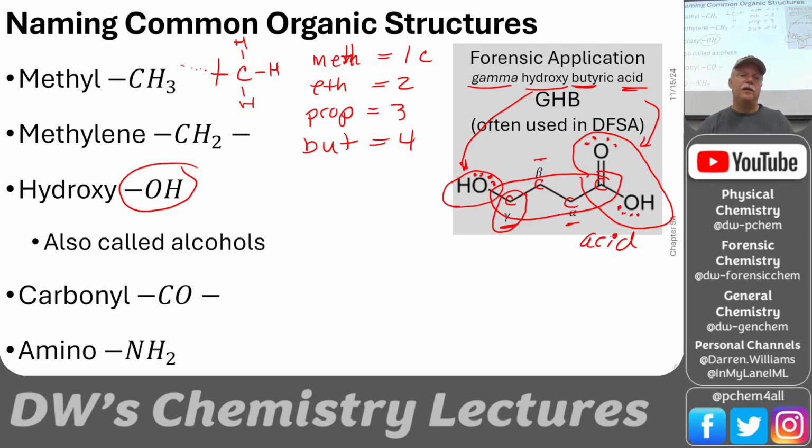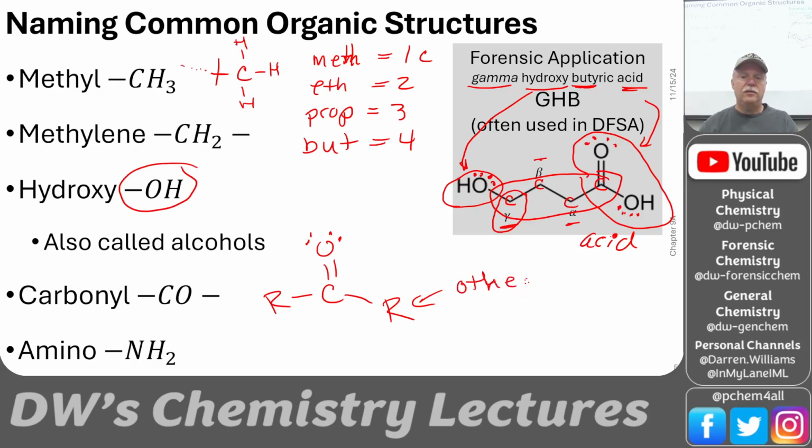A carbonyl. Okay, so let's look at a carbonyl before we run out of time. This is a carbon double bonded to an oxygen and bonded to something else. So a lot of times organic chemists will use R just to represent any other part of the molecule. Other stuff. Okay.